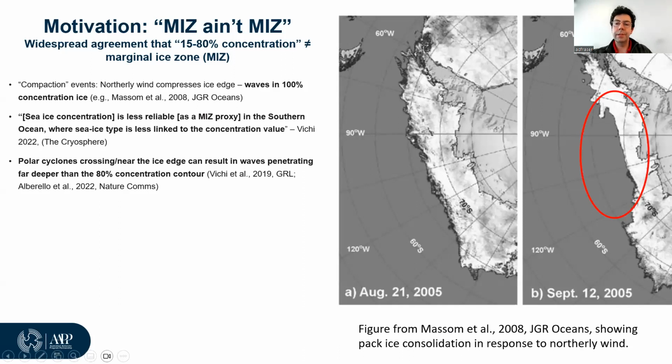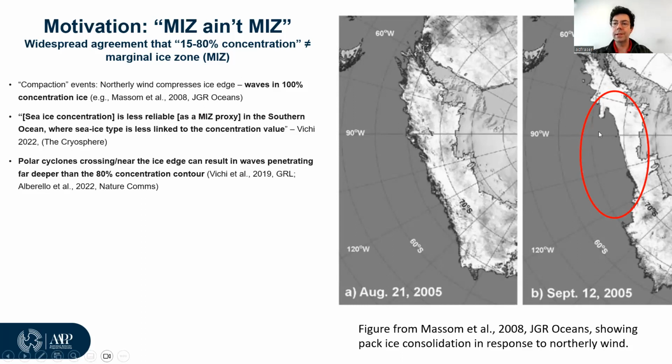And of course, when we have a northerly wind, we've got a large fetch of the Southern Ocean, which can generate large waves and swell. All of those large waves and swell are probably compressing this pack ice up against the coast, consolidating it. So we've probably got very high wave heights within here.